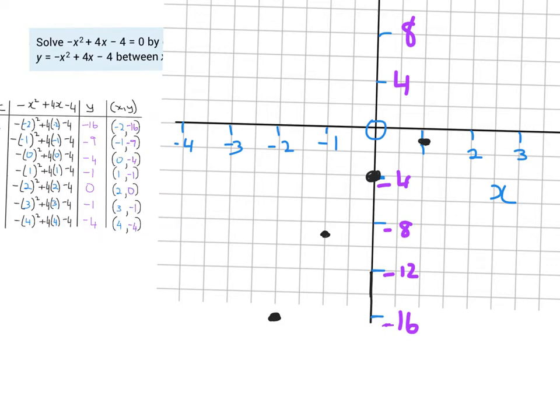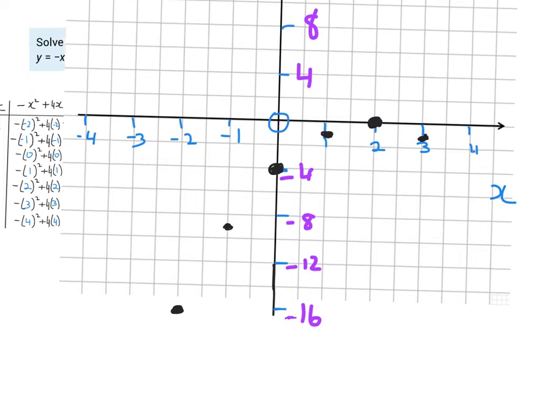Next again we have 2 on the x-axis and 0 on the y-axis, so right here. And next again we have 3 on the x-axis, and we're back down to minus 1 on the y-axis. And then lastly we have 4 on the x-axis, comma, minus 4 on the y-axis. So here 4, and it's going to be this point here.